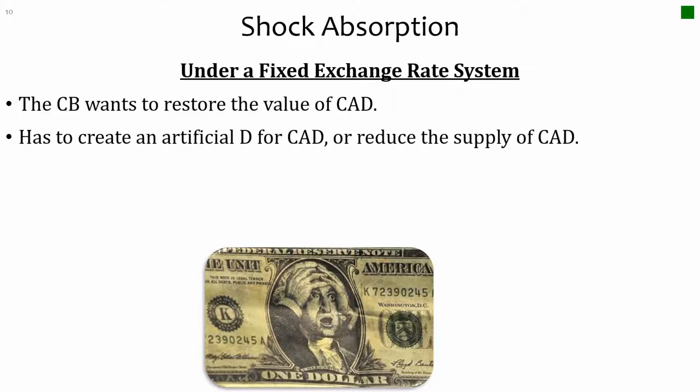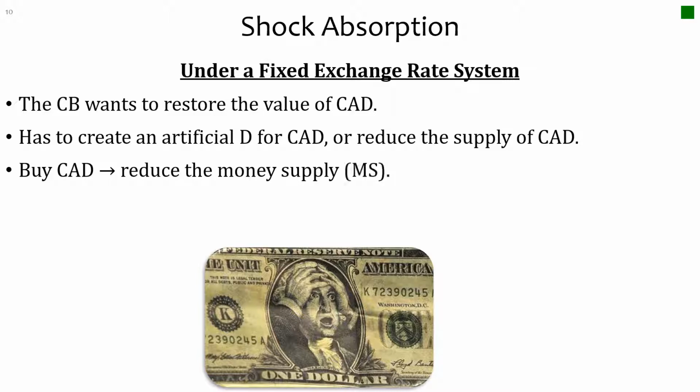And the idea of monetary policy is that the central bank can increase or decrease the amount of money in circulation, right? So they can do that. The central bank starts buying more Canadian dollars and reduces the money supply, right? And by doing this, they can increase the value of the Canadian dollar back to its original amount.